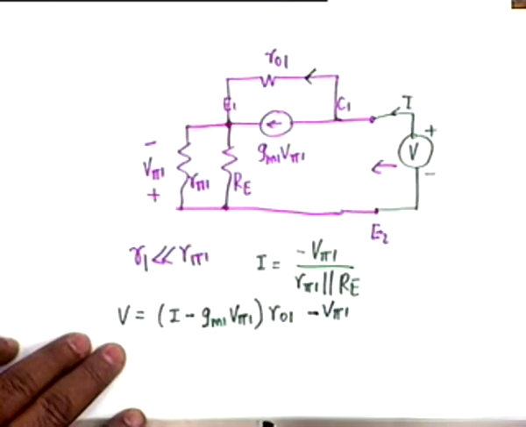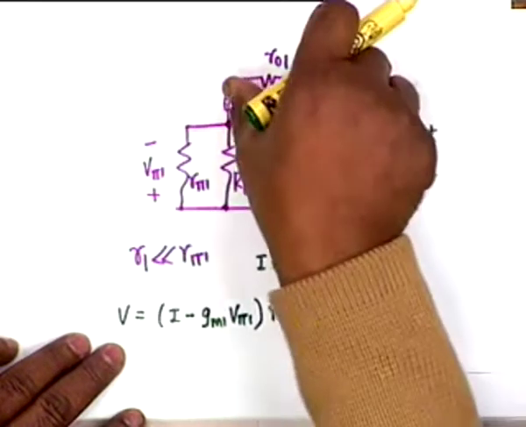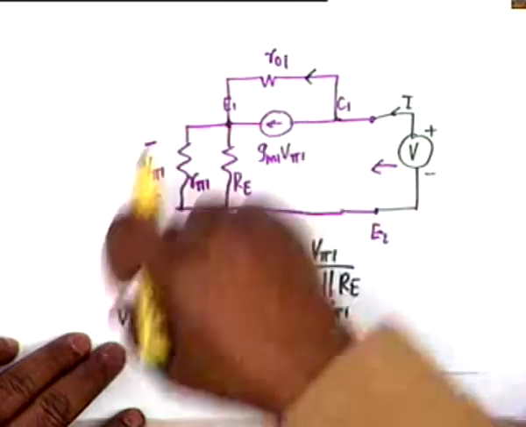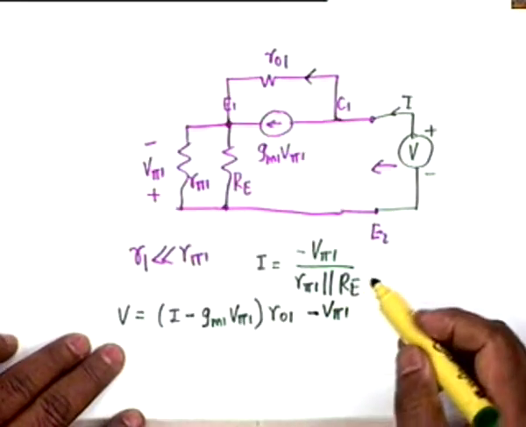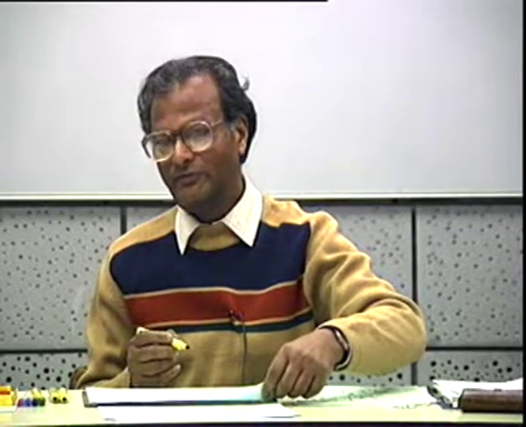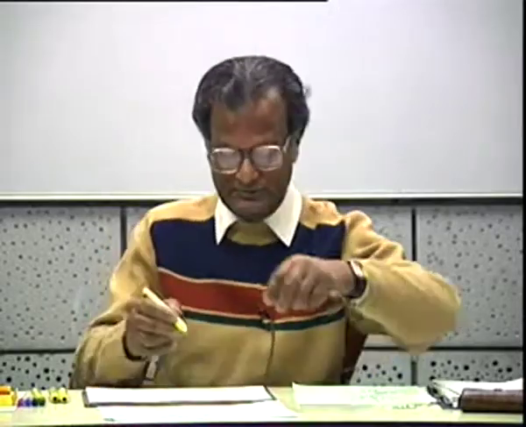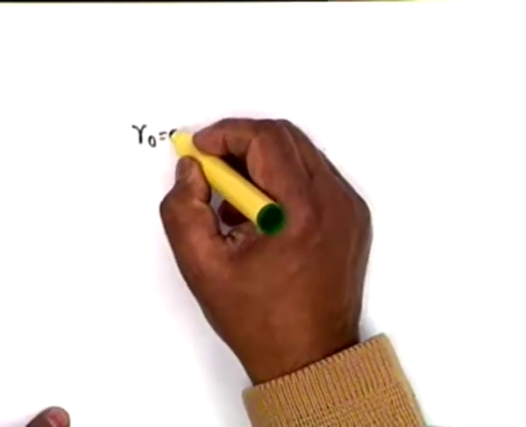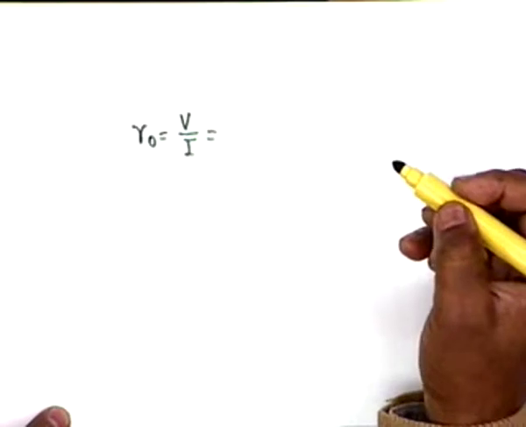Is that okay? The drop in this plus the drop in this, which is minus V pi 1. Therefore, you can eliminate V pi 1 from these two equations and obtain the value of effective R0, which is equal to V by I.